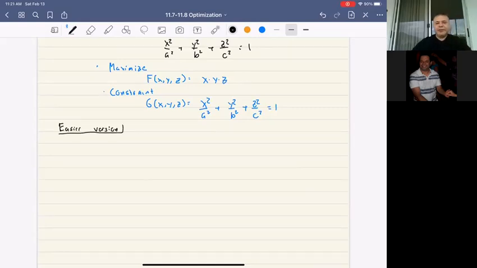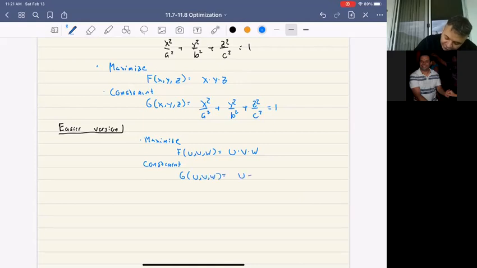Let's maximize f of, let's say, u, v, w with our constraint g of u, v, w equals u plus v plus w equals 1.